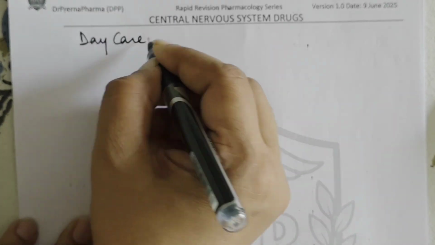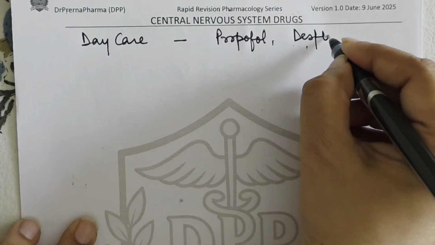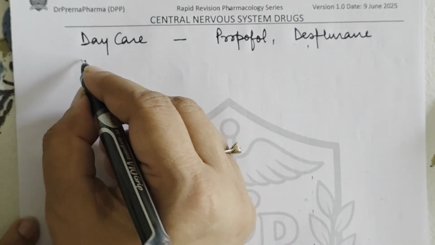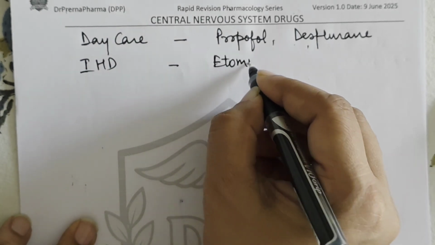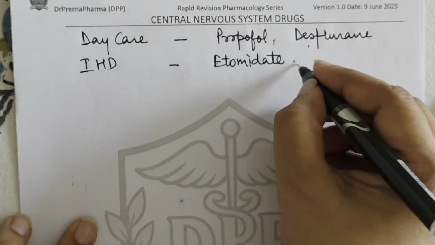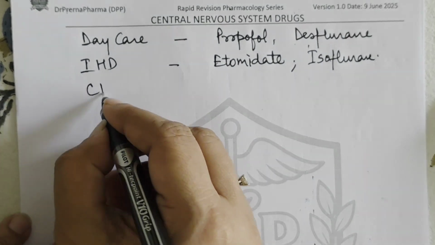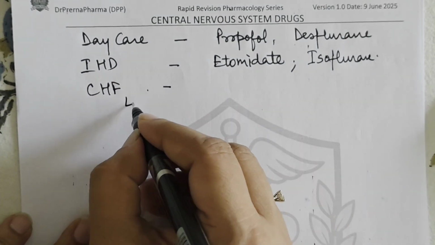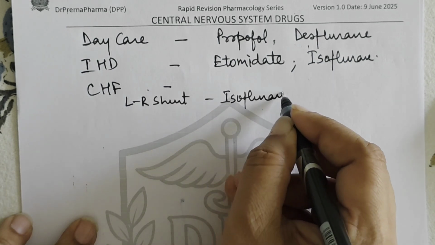For daycare surgeries, we use propofol as IV agent, and we can use desflurane as the inhalational agent. Ischemic heart disease, a patient with myocardial infarction, the drug of choice is etomidate. It is best in cardiac surgeries. Here we have isoflurane, right? Congestive heart failure, then left to right shunt, you use isoflurane.